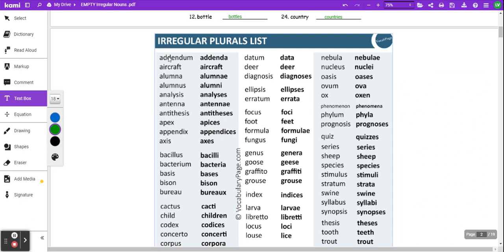So, for example, we have addendum, addenda, aircraft, aircraft, alumni, alumna, alumnae, alumnus, alumni, analysts, antenna, antennae.